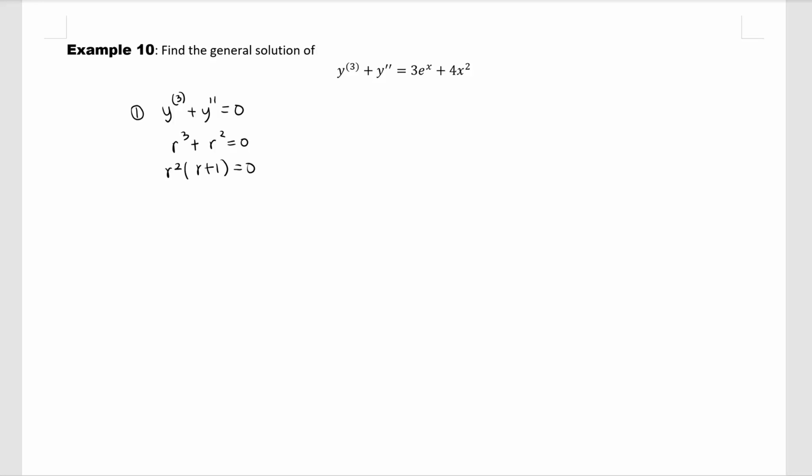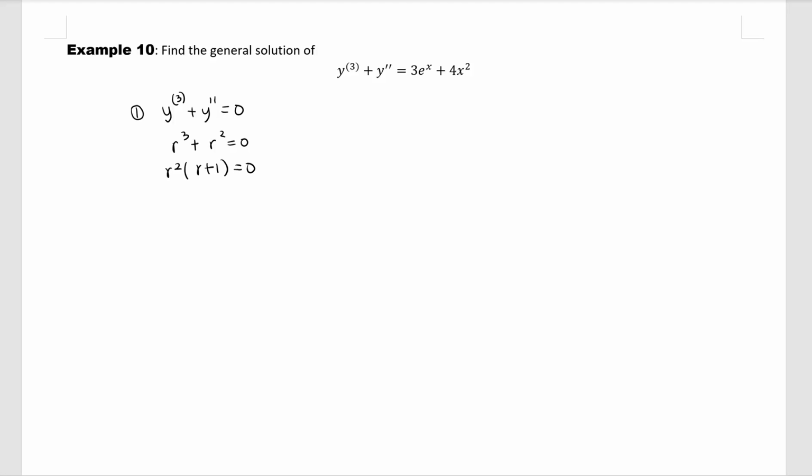So in this problem, we can factor easily, but for higher order ODEs, you remember if we cannot factor easily, you use the rational root theorem. If it's degree 3, you use the rational root theorem to find one root. And then you use long division to divide out that factor and get a quadratic factor.